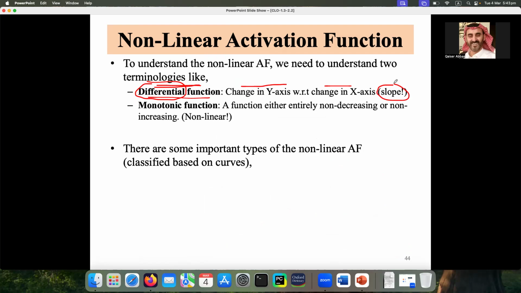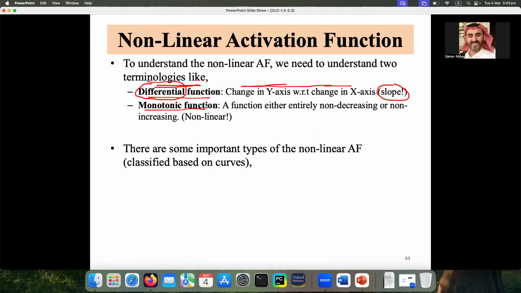So you have to keep this in your mind. If the values of x and y are changing in the data, or if you plot the data on a graph and see changes in y and x, then this is the property of a differential function.